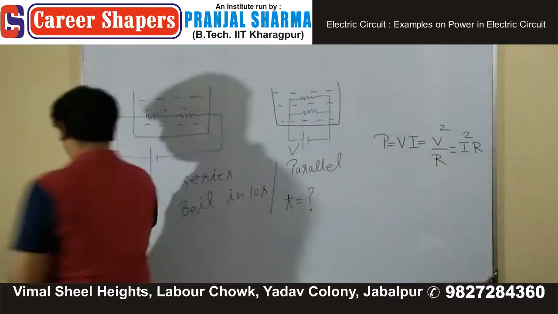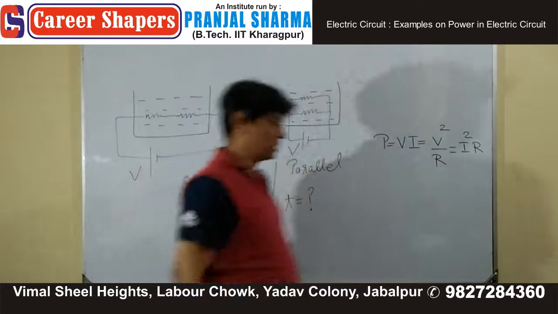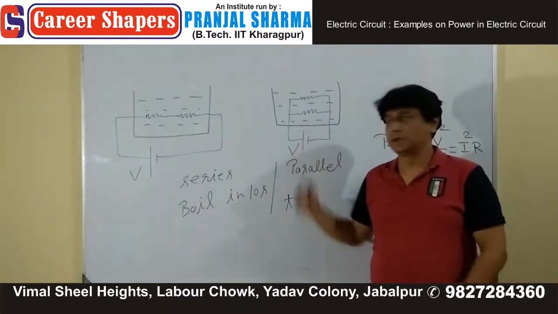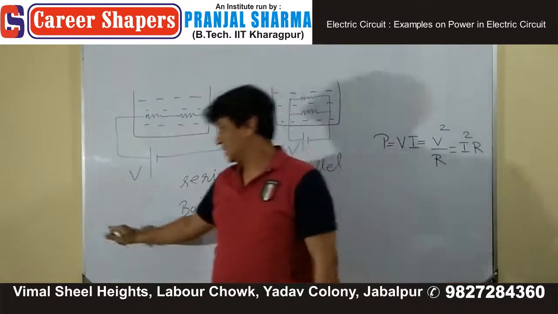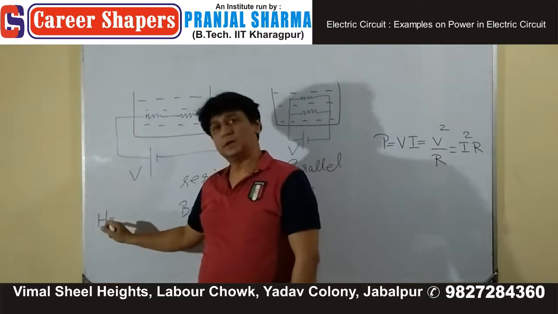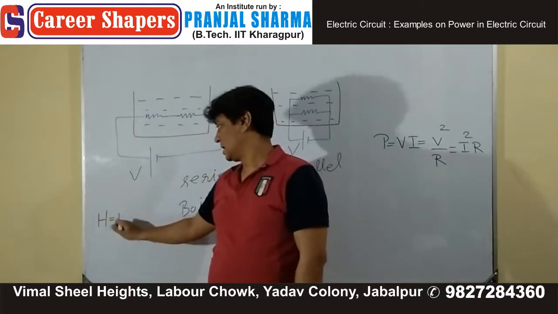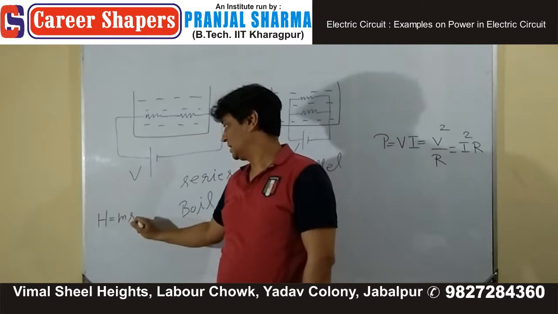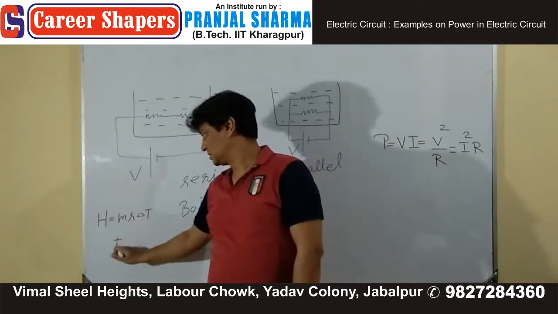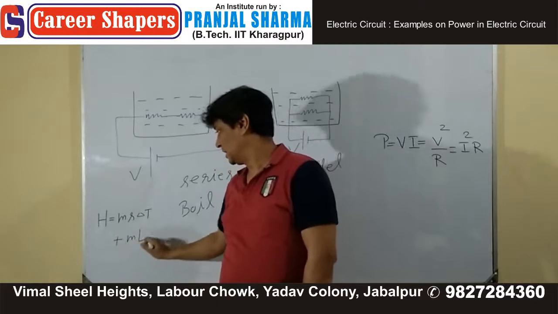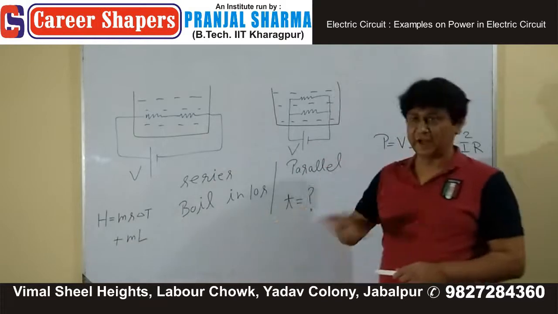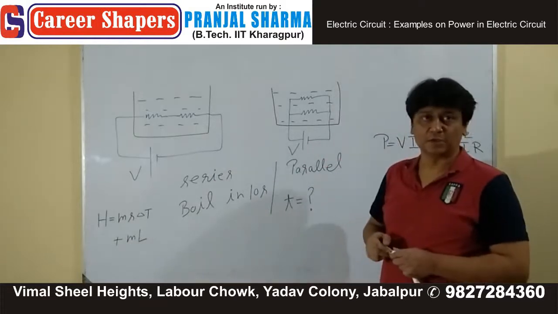If you want to boil the same amount of water, boiling is M S delta T plus M into L. Coming from 11th, you don't need these formulas and all.